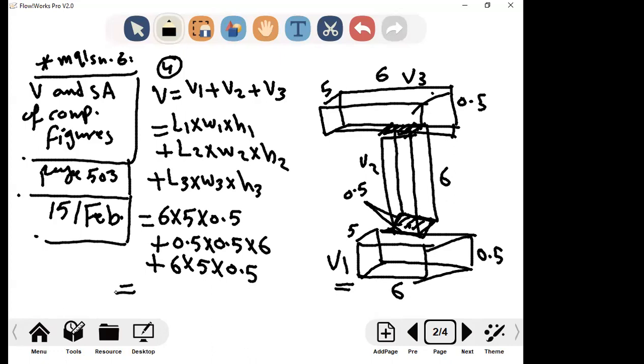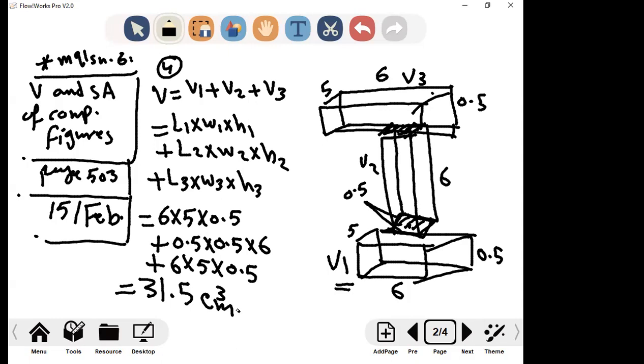Multiply and add, the answer will be, let me just find it. 6 times 5 times 0.5 plus 0.5 times 0.5 times 6 plus 6 times 5 times 0.5. It will be 31.5, and the unit is what? Cubic centimeter, because we are in volume.